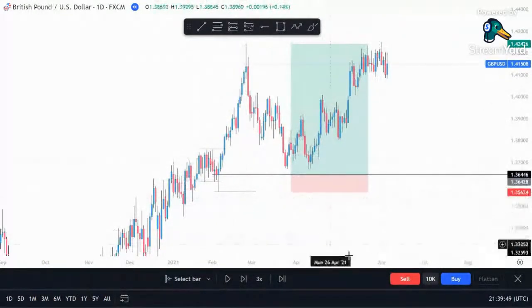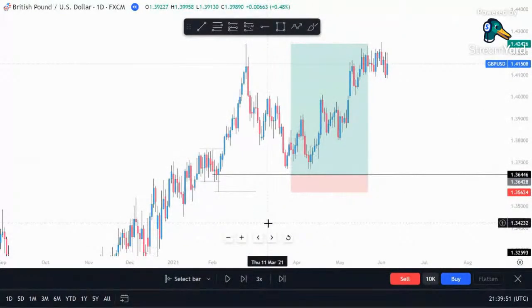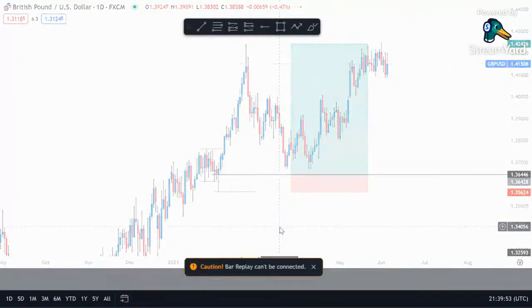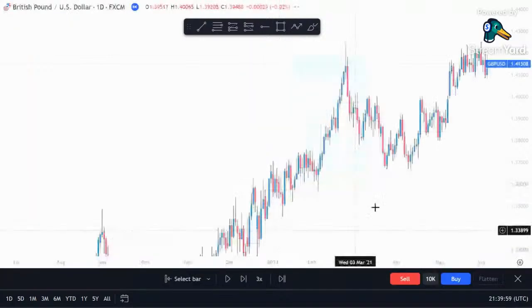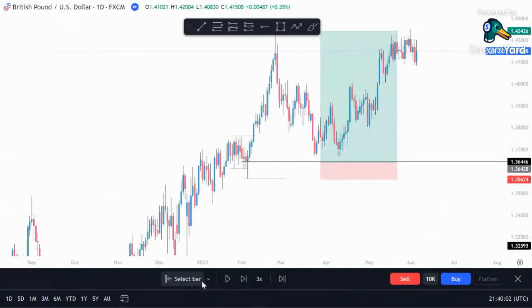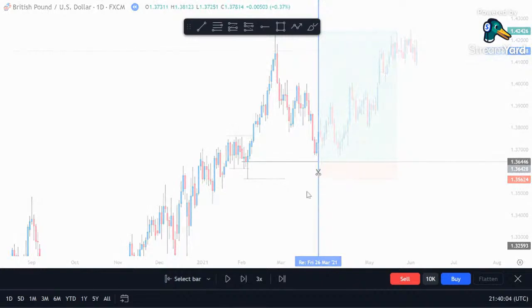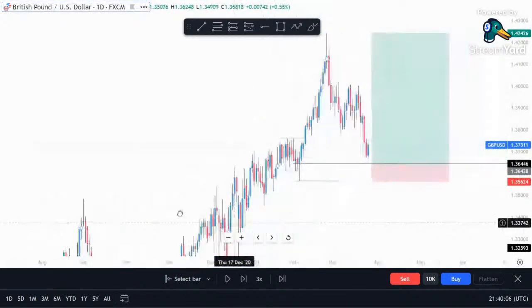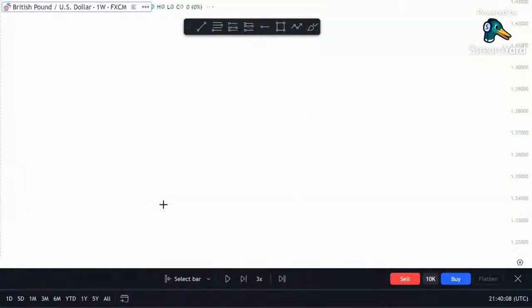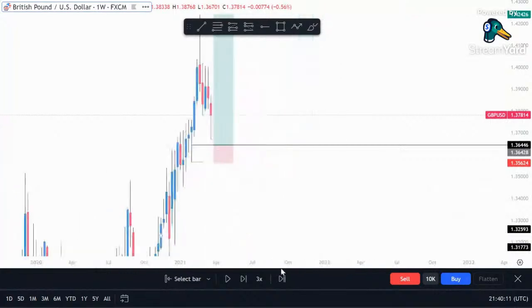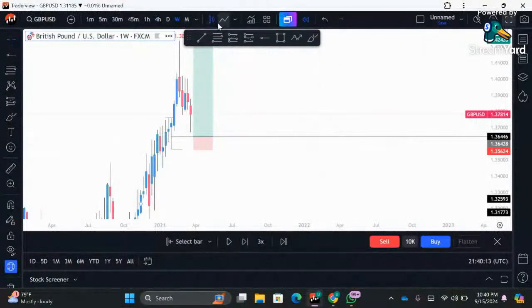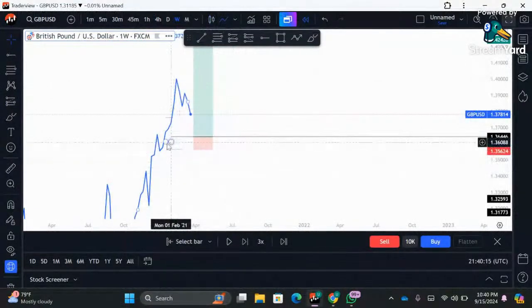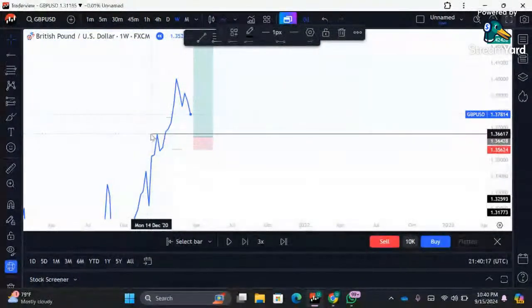That's why, if you see a setup on a daily time frame, go higher to the weekly time frame. Let's see if there's something on the weekly. On the weekly time frame, let me look at the line chart. What can we even see here? You can see a resistance level.